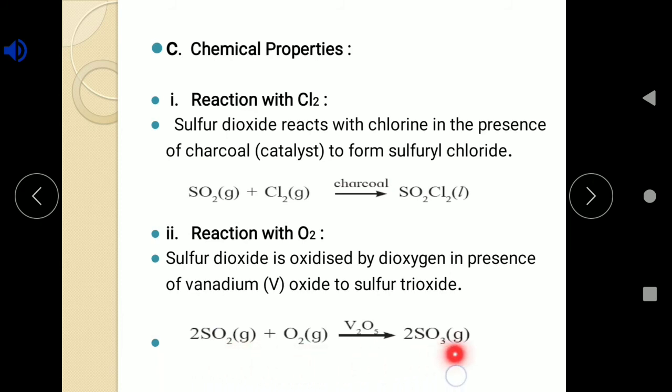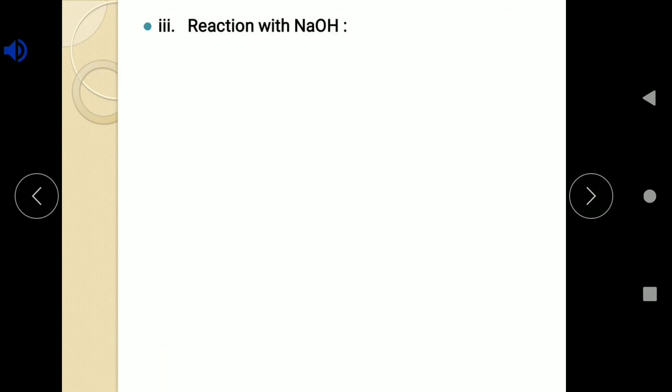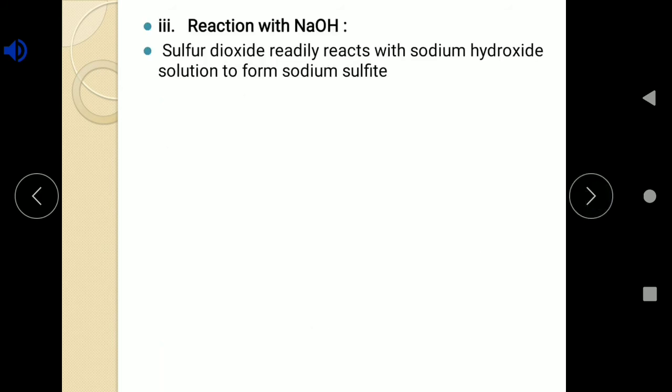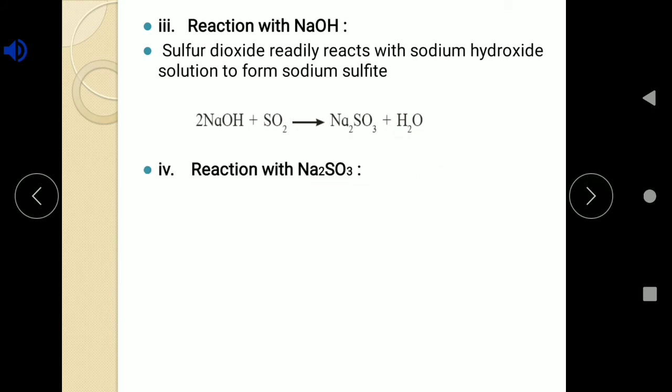SO2 plus O2 gives SO3 in presence of V2O5. Next is reaction with NaOH, sodium hydroxide. With sodium hydroxide, sulfur dioxide forms sodium sulfite Na2SO3, that is NaOH plus SO2 gives Na2SO3 and H2O.